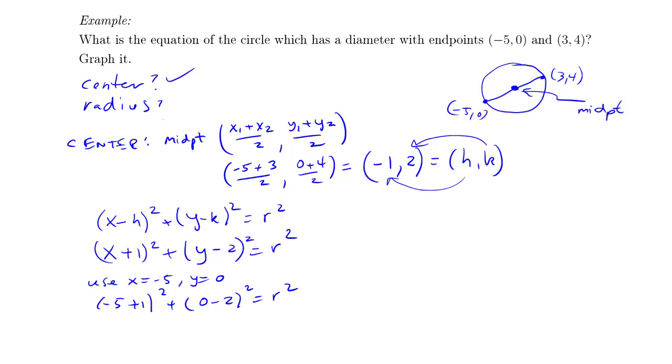That's negative 4 squared. That's 16 plus negative 2 squared is 4 is r squared. So r squared is 20, or in other words, r is square root of 20, which is 2 radical 5.